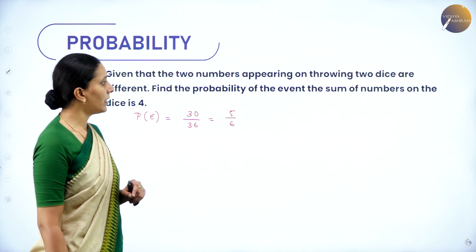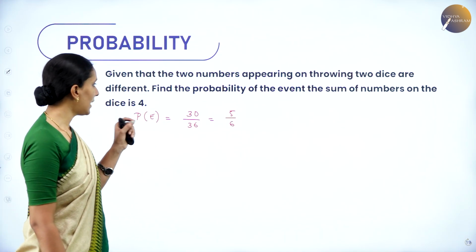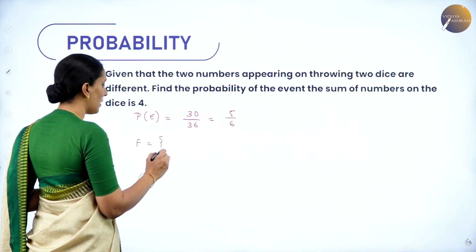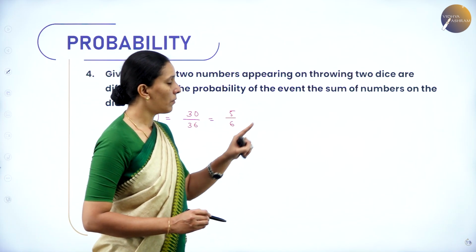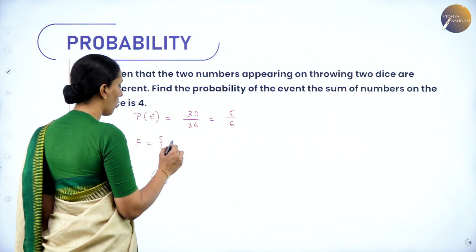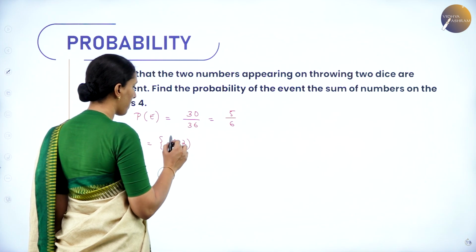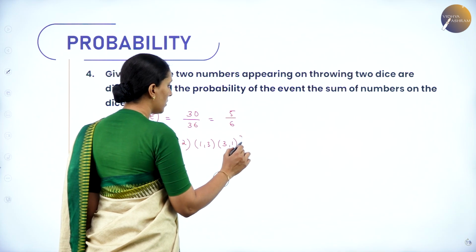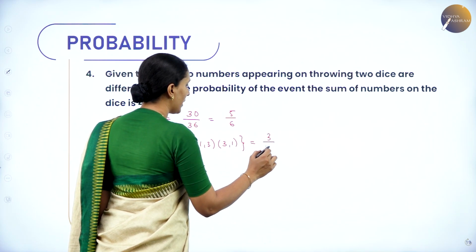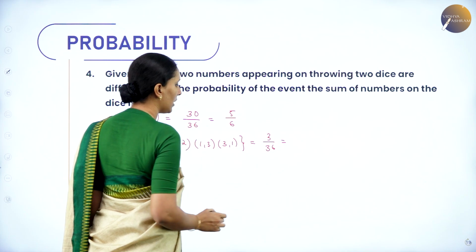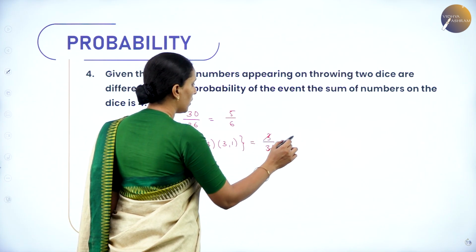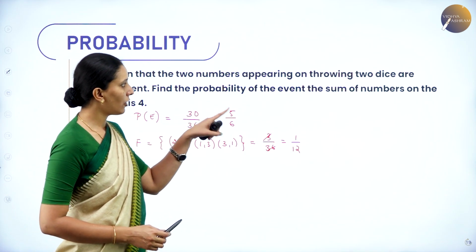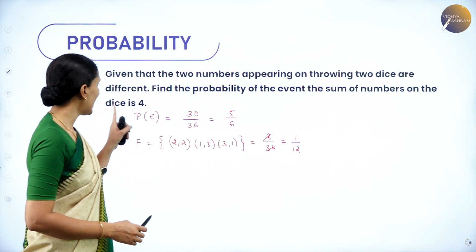Next, find the probability of the event that the sum of numbers on the dice is 4.